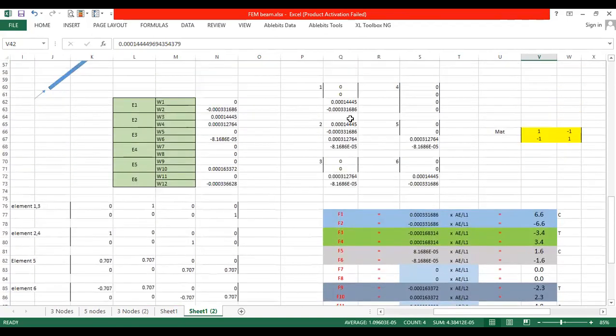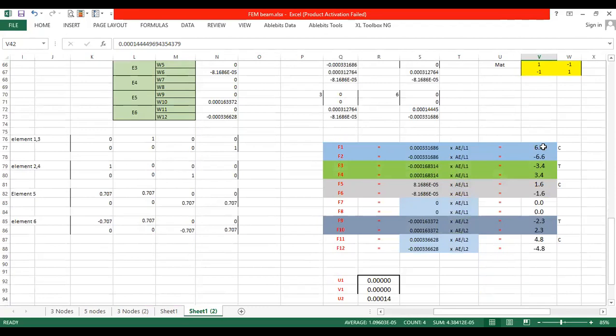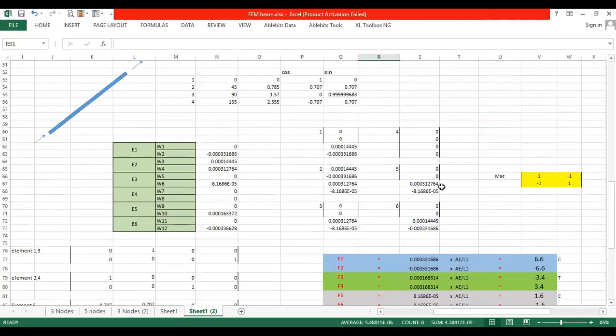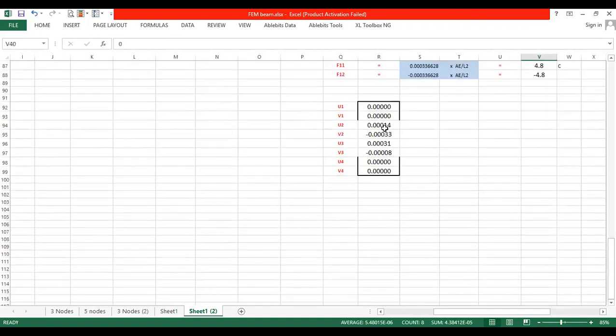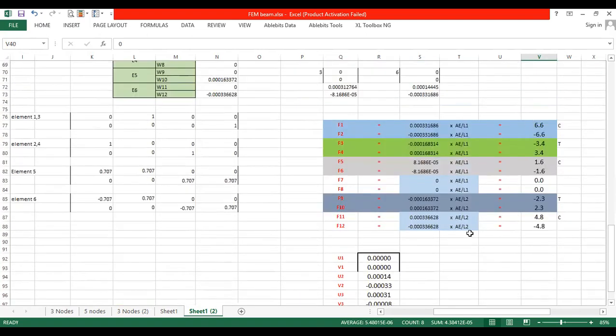And I feed it here, and I'm getting the member forces as 6.6, 3.4. The displacement will be from here, right? Something around 1433 at node 2, right? So you can go and check whether these are true, right?